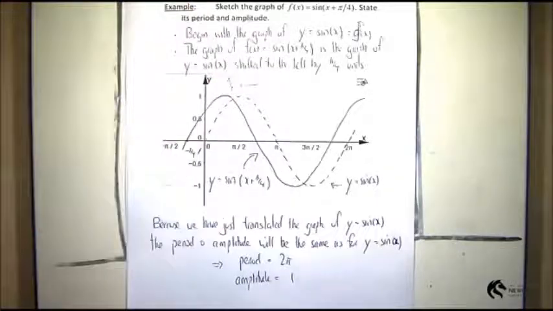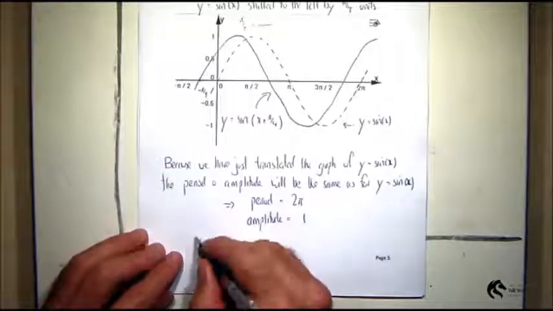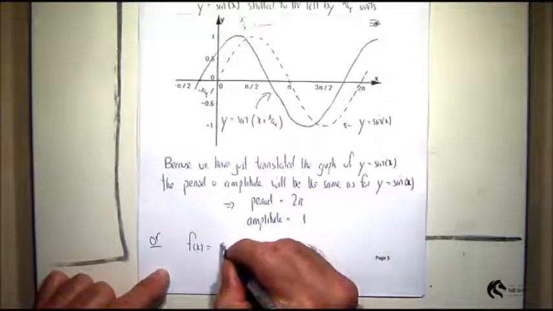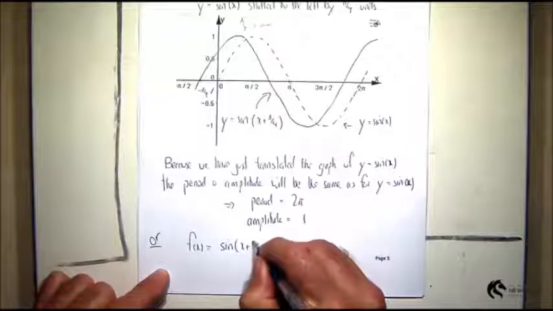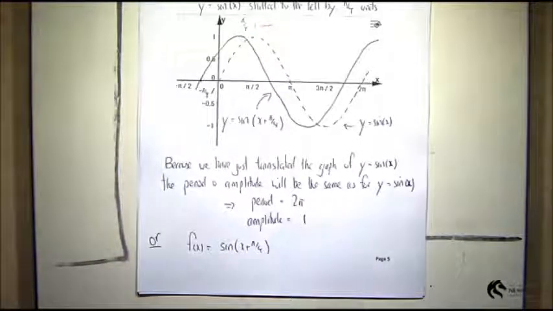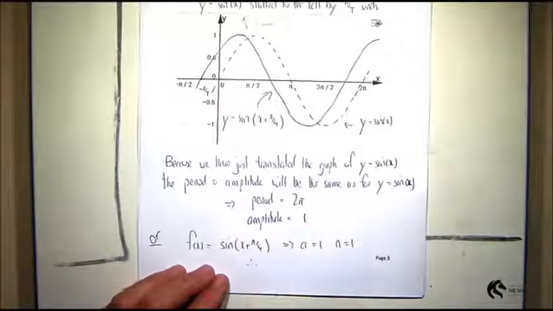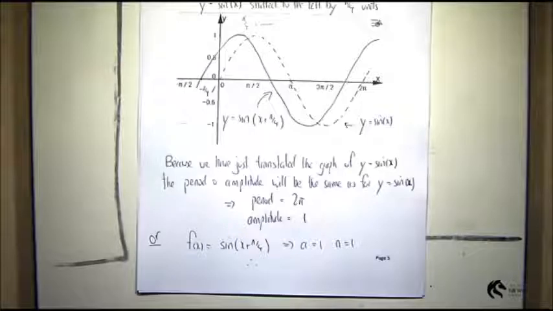Or alternatively, you could say, look, here f of x is sine of x plus pi on 4. In terms of our general trigonometric function, a here is equal to 1, n is equal to 1. So if a is equal to 1 and n is equal to 1, then we said here the absolute value of a is the amplitude, so the amplitude is 1.